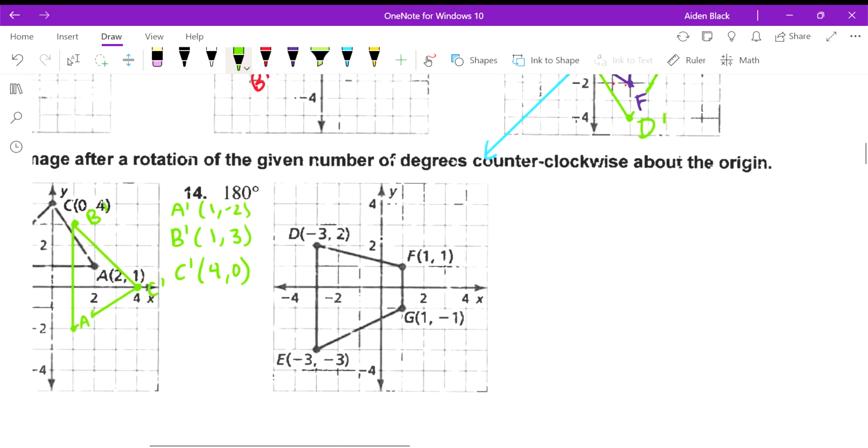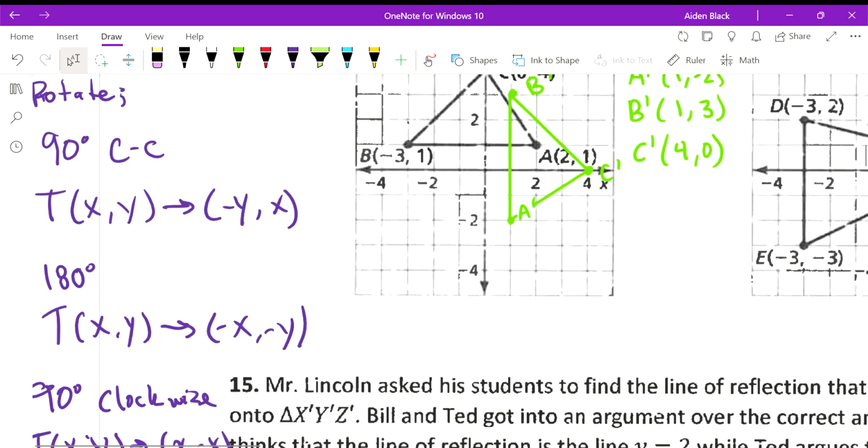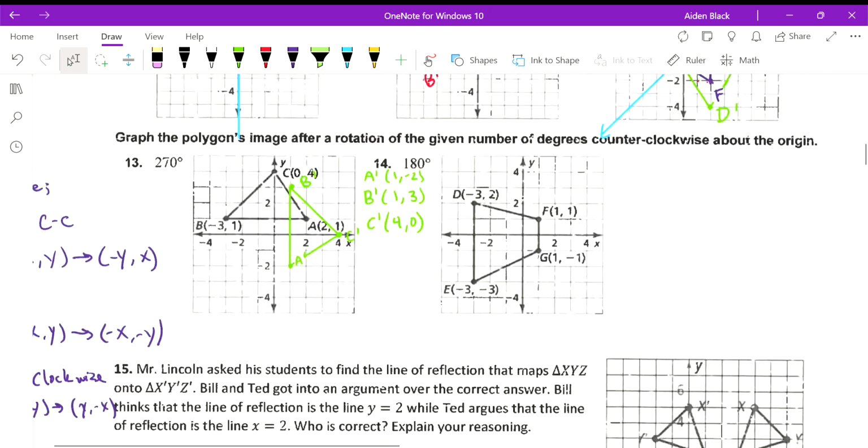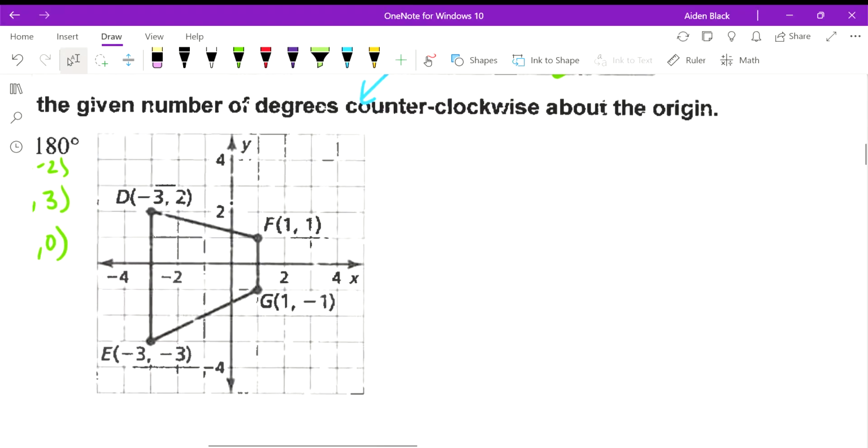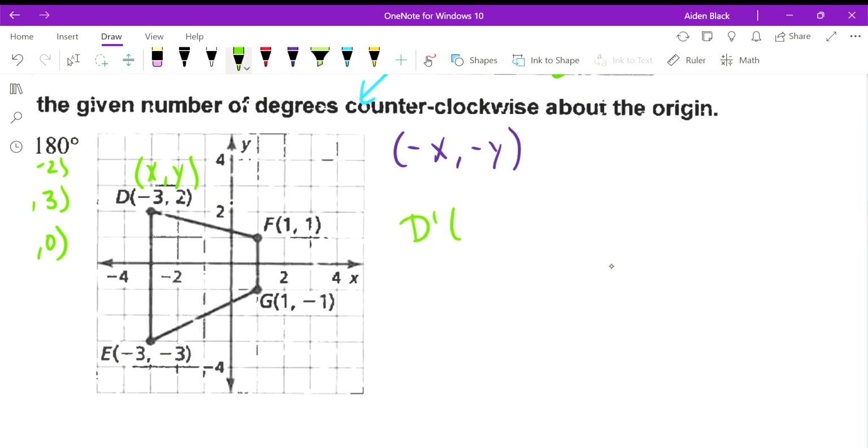Now 180 degrees, let's look at our rule. Negative x, comma, negative y. Alright, so our point D is negative 3, comma, 2. So if we're doing a 180 degree rotation, D prime should be located at 3, comma, negative 2.